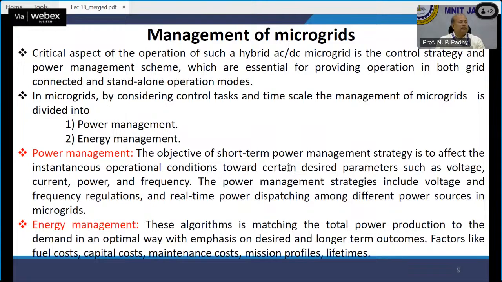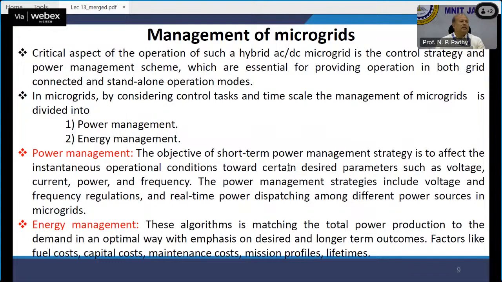What is power management? The objective of short-term power management strategy is to affect the instantaneous operational conditions towards certain desired parameters such as voltage, current, power, and frequency. The power management strategies include voltage and frequency regulation and real-time power dispatching among different power sources in the microgrid.